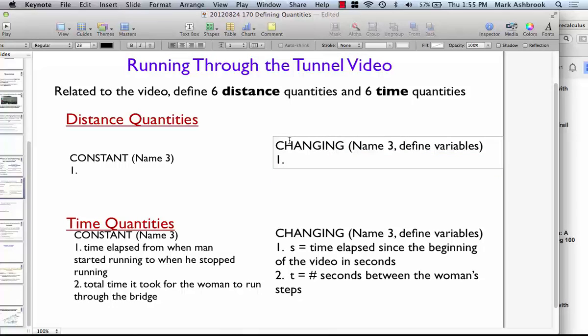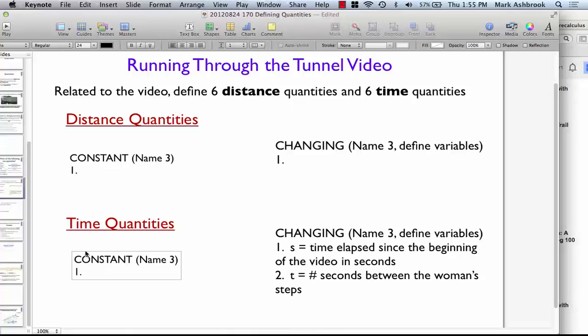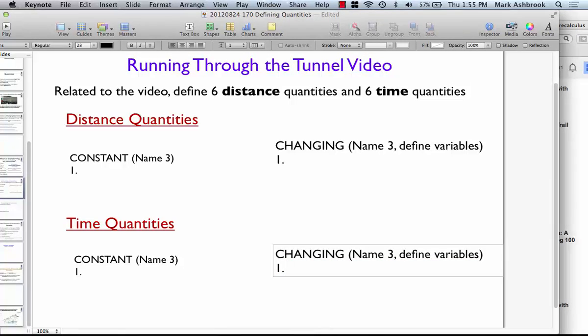Okay, so distance quantities: 3 constant and 3 changing, and the changing ones we're going to define as variables. And then time quantities: 3 constant and 3 changing, and for the three changing time quantities we're going to define variables.